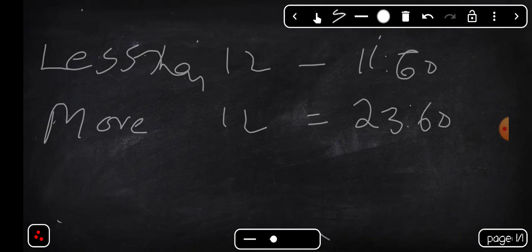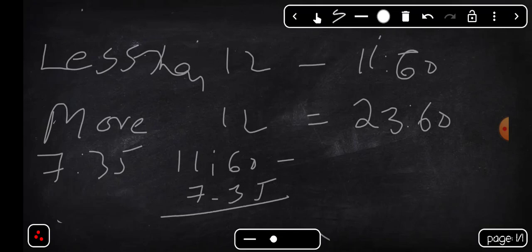Now time is 7:35. We know 7:35 is less than 12. That means 11:60 minus 7:35, we will get 4:25.